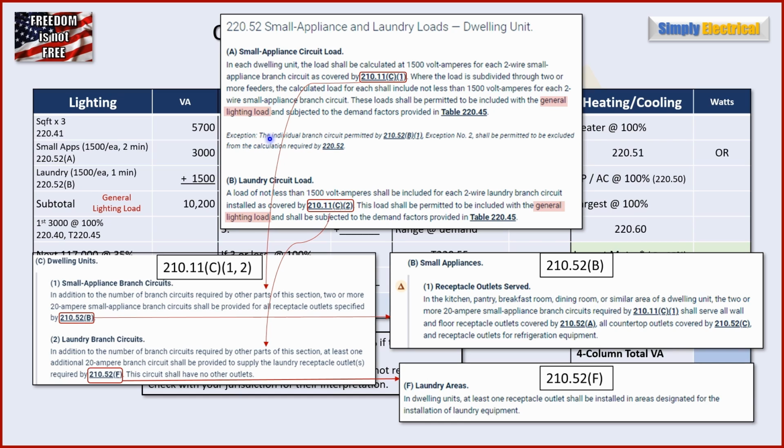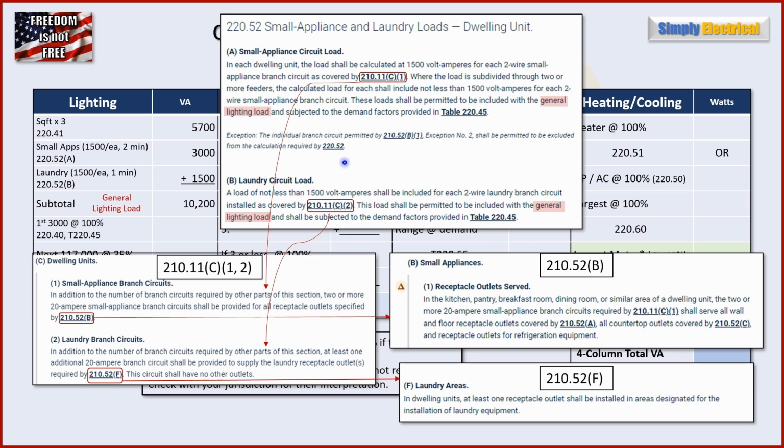So in 220.52A, it says exception. The individual branch circuit permitted in 210.52B1, right here, I don't have the exception written here, but there is an exception. Number 2, shall be permitted to be excluded from the calculation required by 220.52.